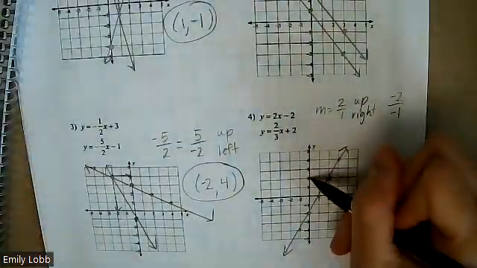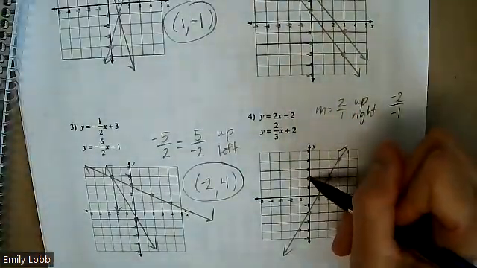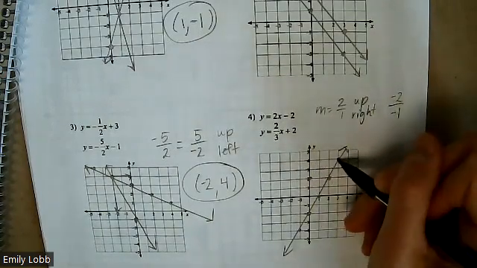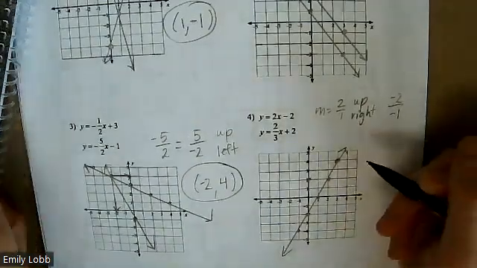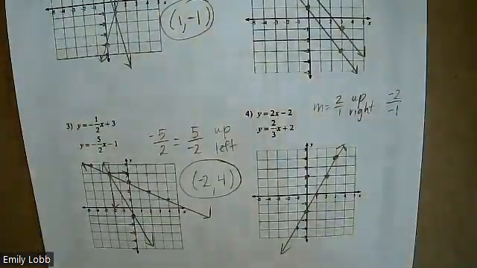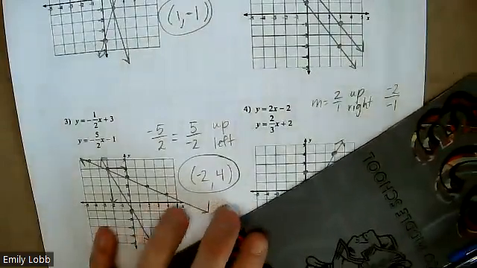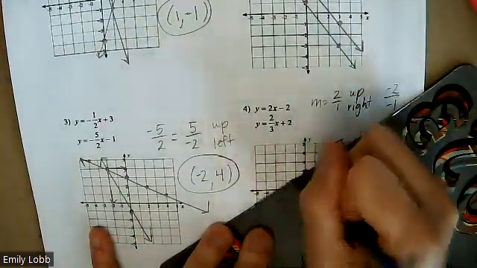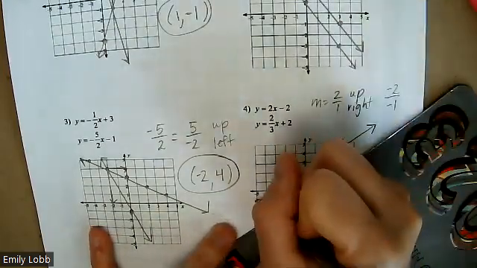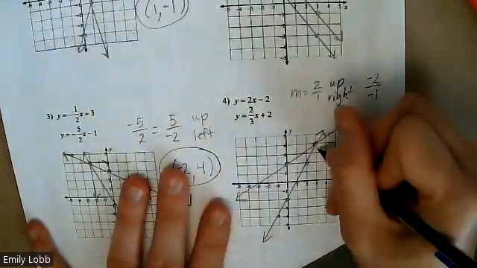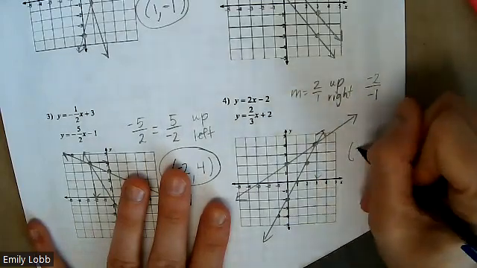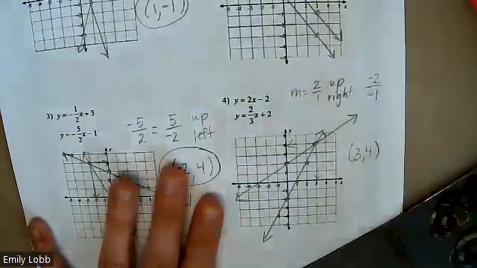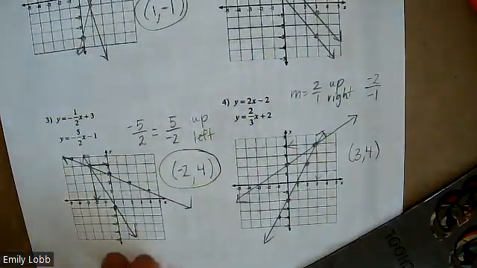And then here, y is 2 here. And then up 2 over 3. So you can see right away where it's going to intersect. Please do draw your second line though. This is the point 3, 4. That's all you have to do for these.